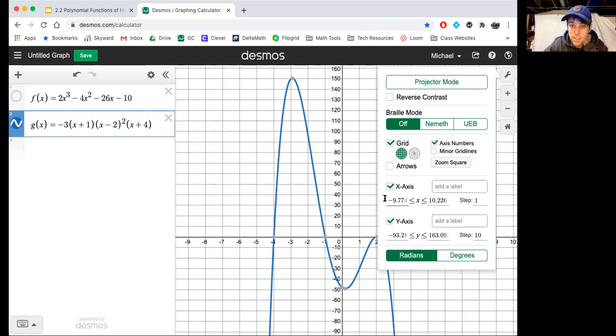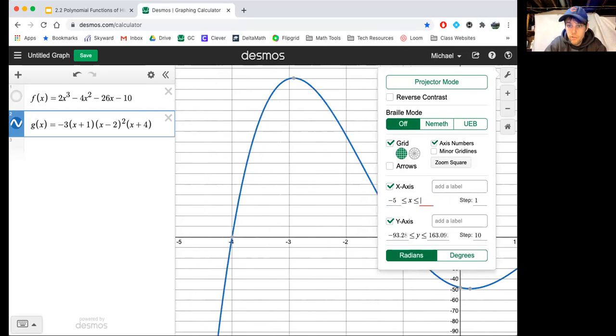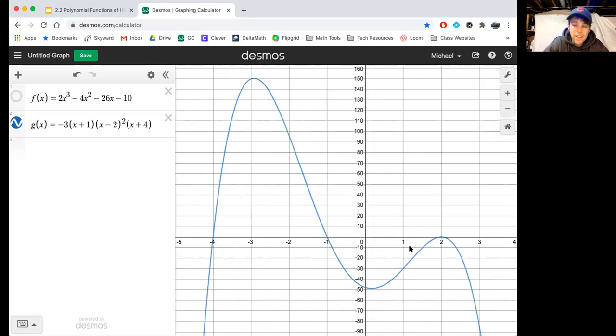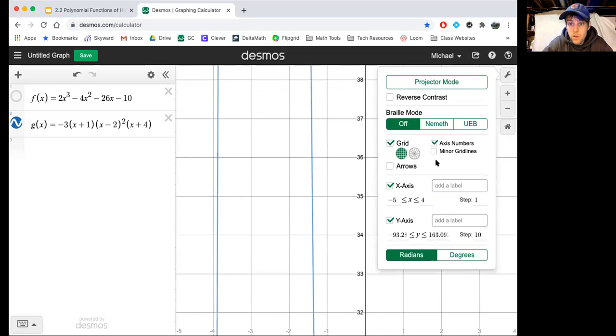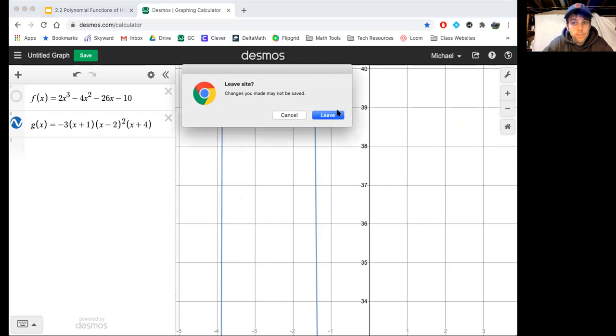You could even adjust your x-axis if you want to. Technically, most of the important stuff in my graph happens between -4 and 3, so I could go from -5 all the way over to 4 if I wanted to zoom in that way as well. I don't really need to do that, so I'm not going to. I'm going to go back to the notes here. All right.